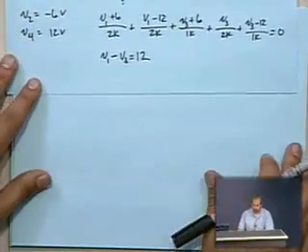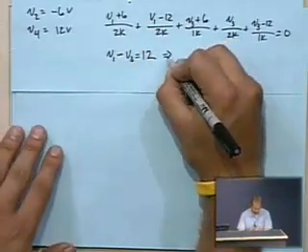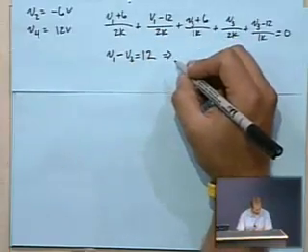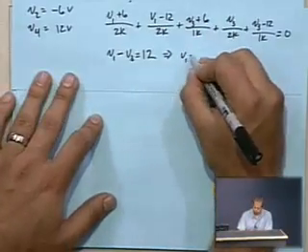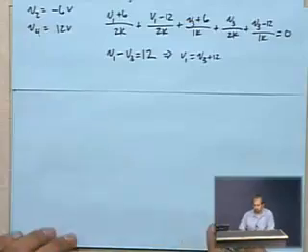And let's go ahead and replace it this way, so that we transform that into V1 equals V3 plus 12. So rewrite that first equation.